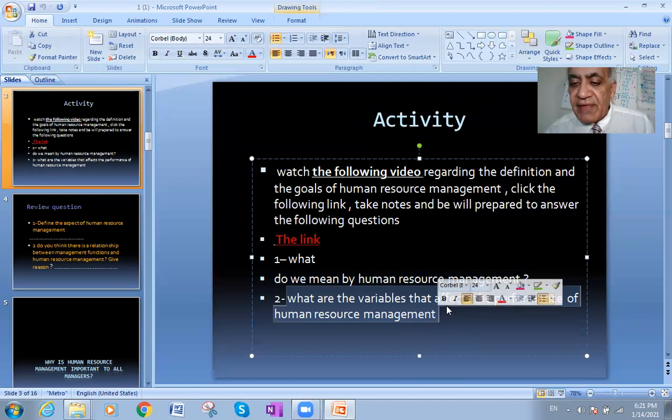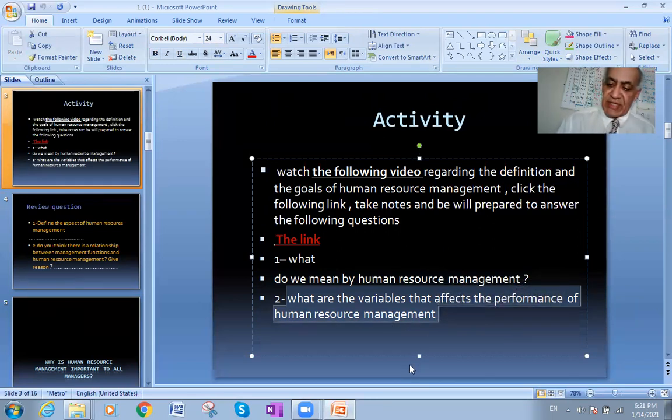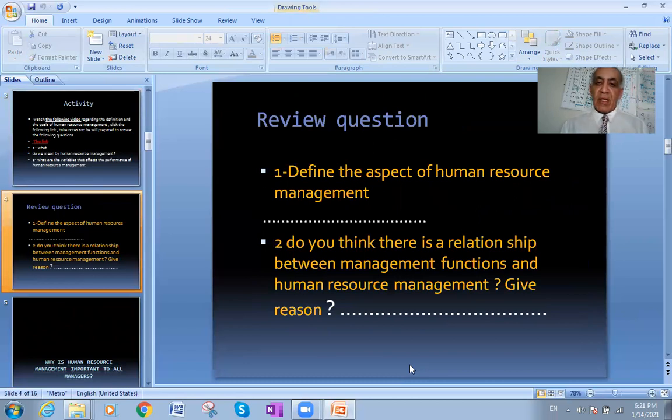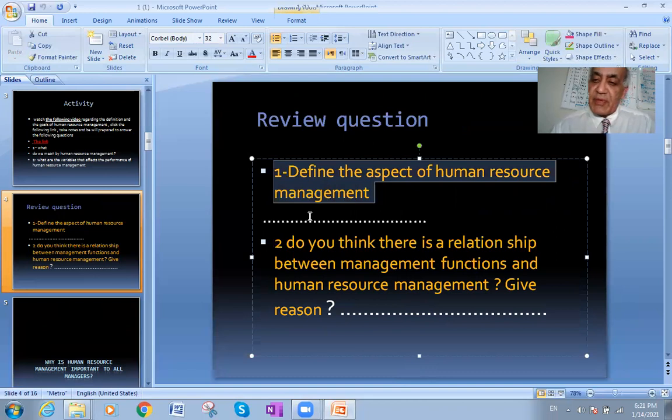What are the variables that will affect the performance of the human resource management as well? Also, I want you to define the aspects of human resource management. After I finish this lecture, I want you to write down the main aspects of human resource management. What is the definition and what are the duties of human resource management?